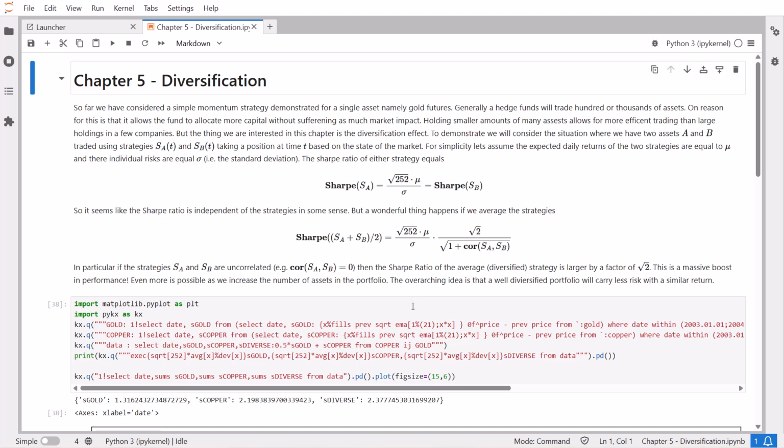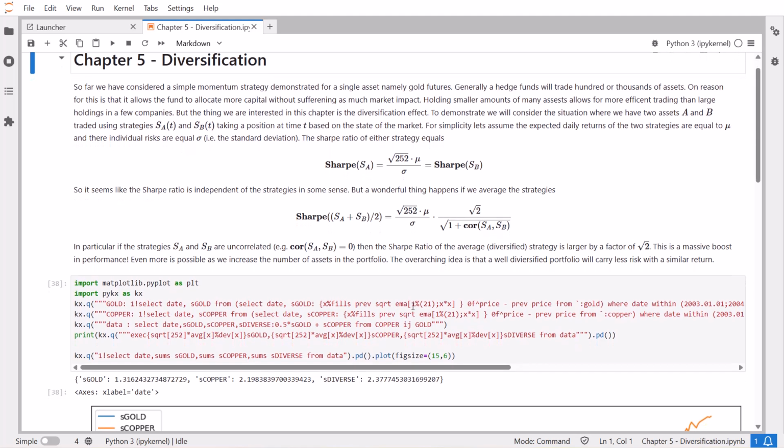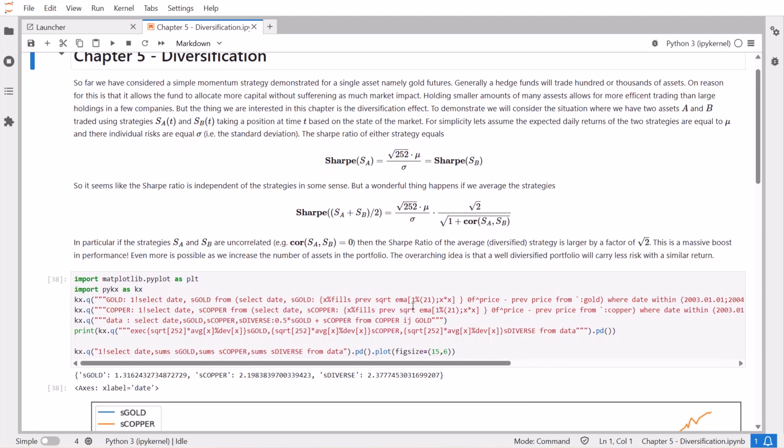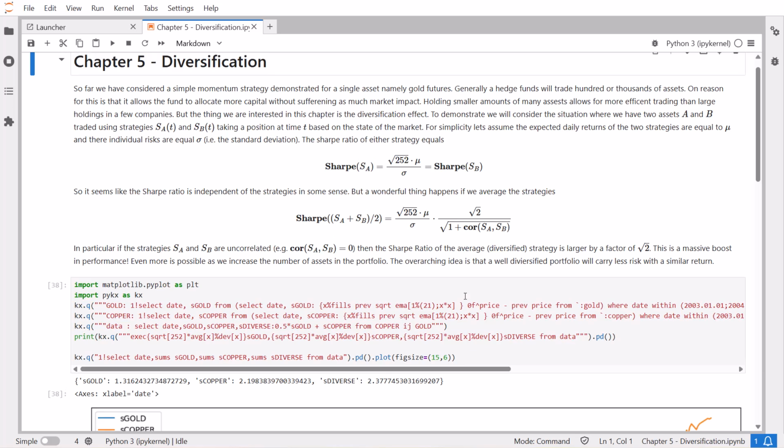So what I'm going to do now is take two different futures strategies, two different momentum trading strategies. So I've got one strategy which is long gold and one strategy which is long copper with the volatility scaling.